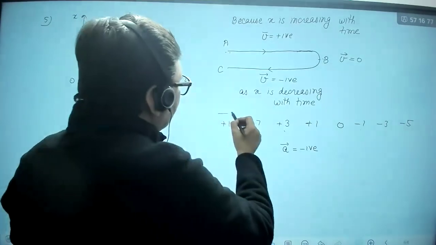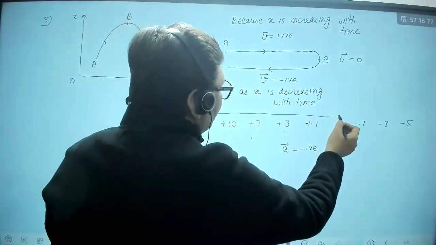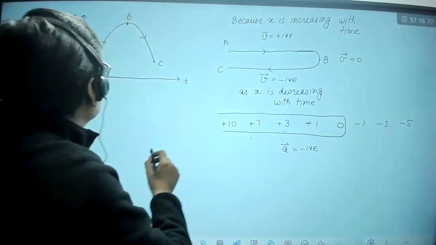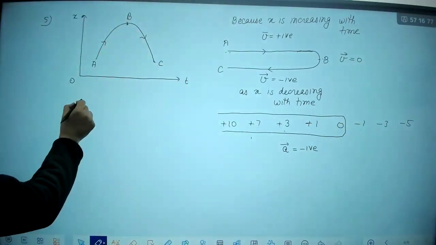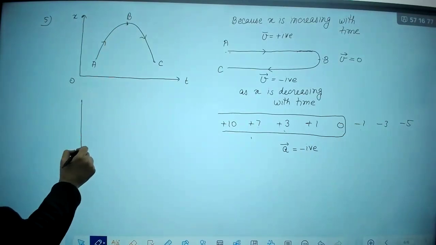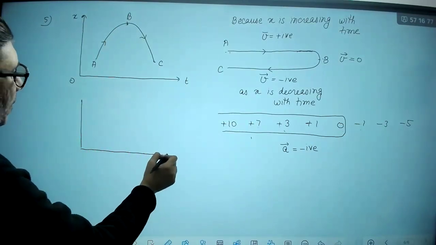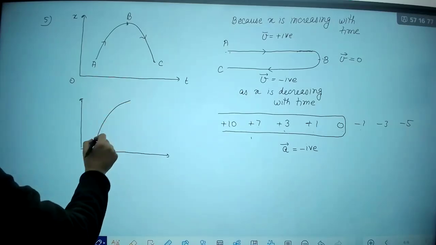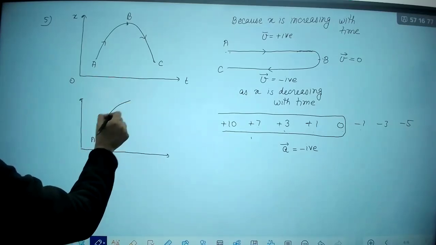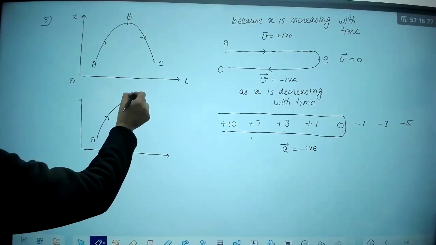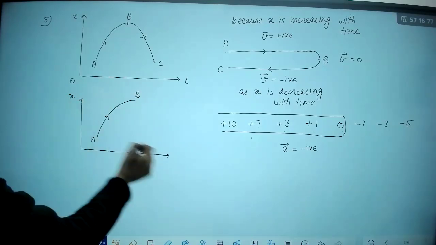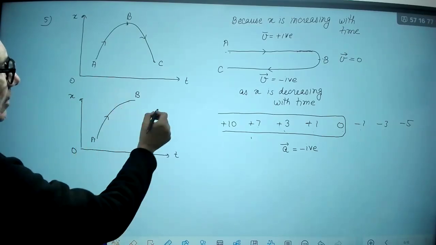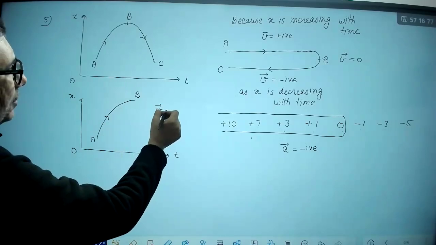Now look at the first part, A to B. Here this is A and this is B, this is x, time 0. Because x is increasing with time, velocity is positive.